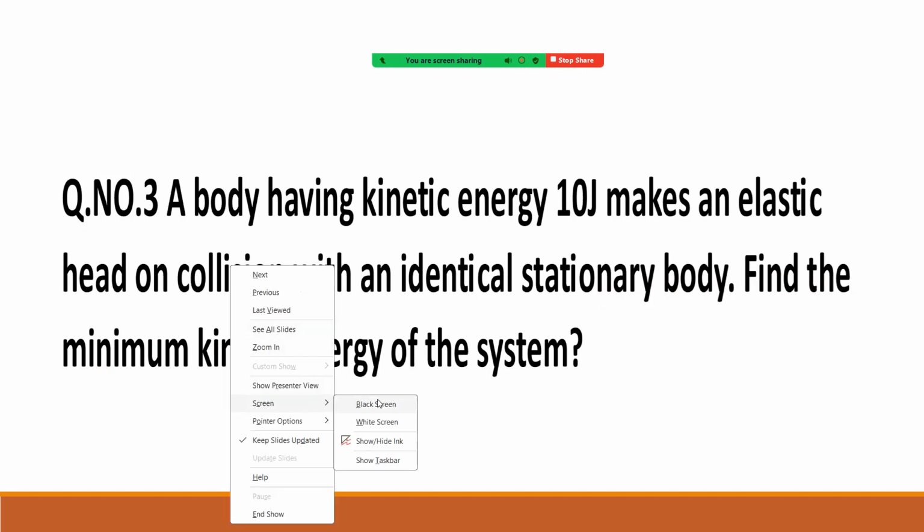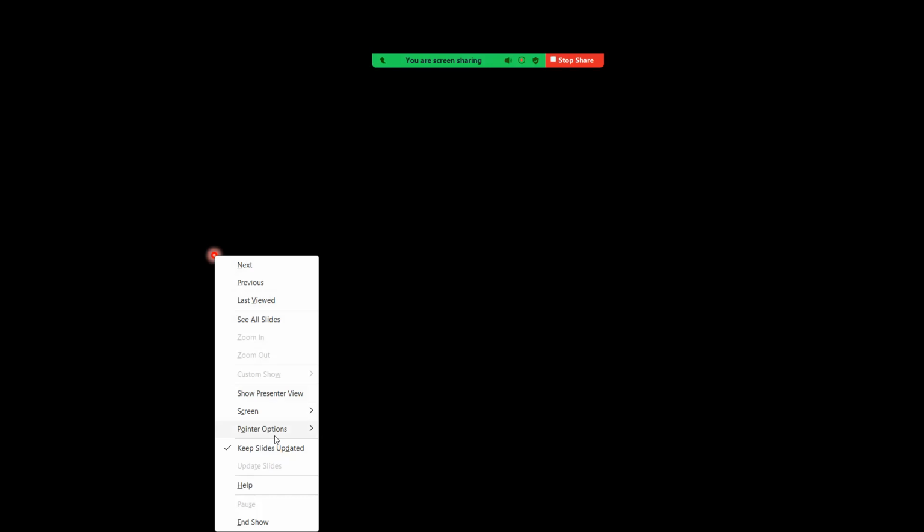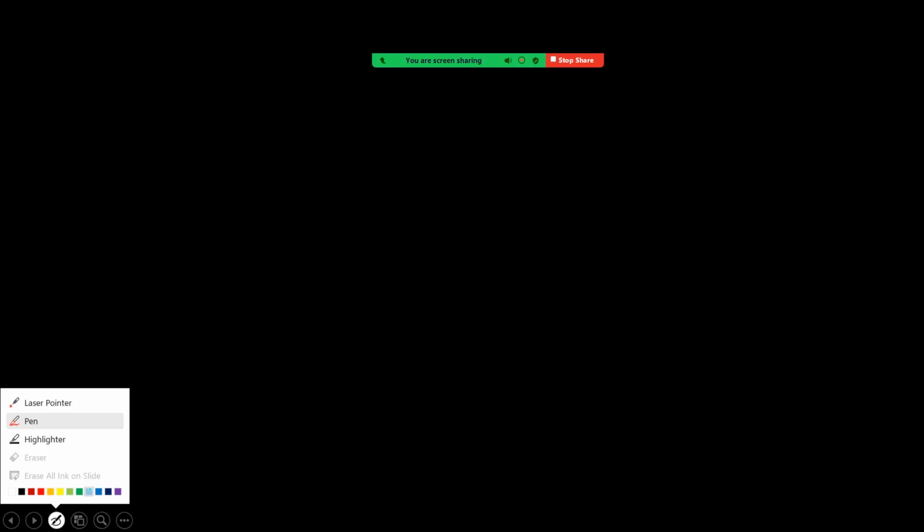Let us focus on how to start the problem. We have to find the minimum kinetic energy of the system. So first of all, the collision is given head-on and elastic.